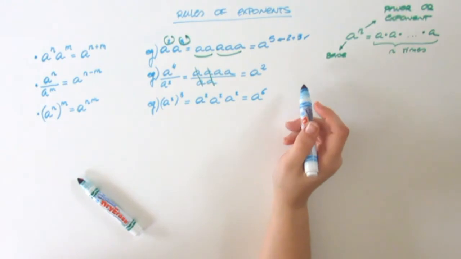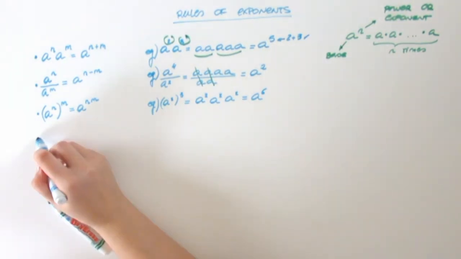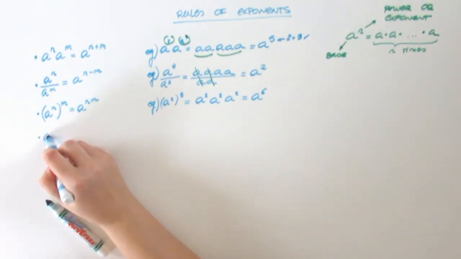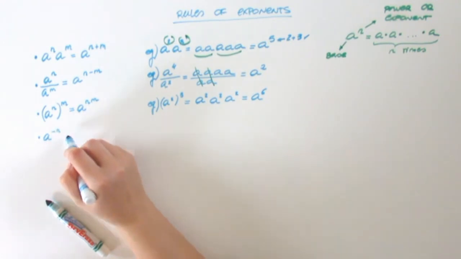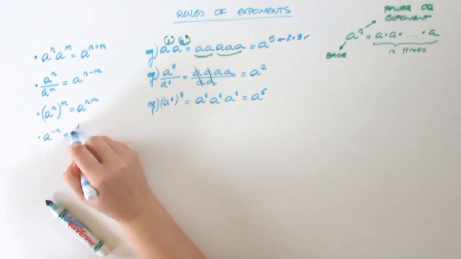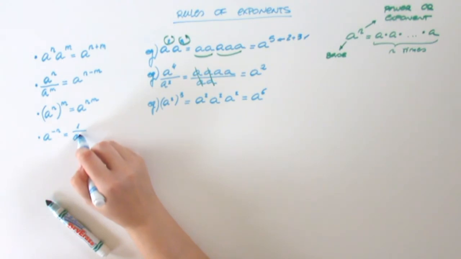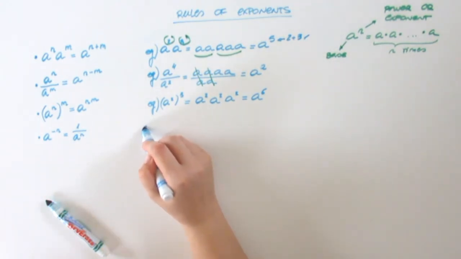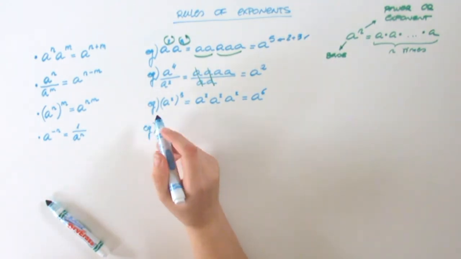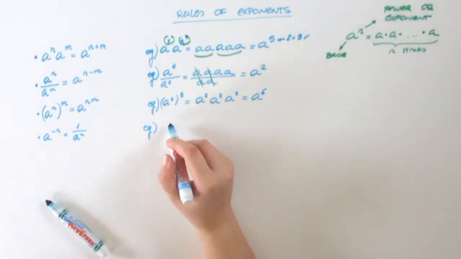The following rule, a to the power of minus n, a to the power of a negative number, is the same as 1 over a to the power of n. Let's make an example that will make things easier to see. Let's imagine we've got a to the power of 2, a square, over a to the power of 4.